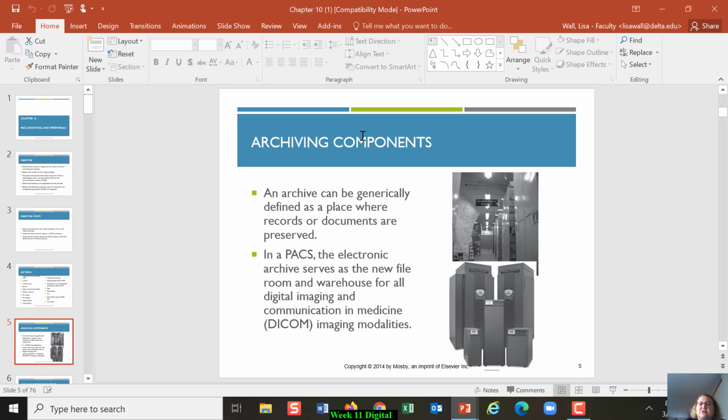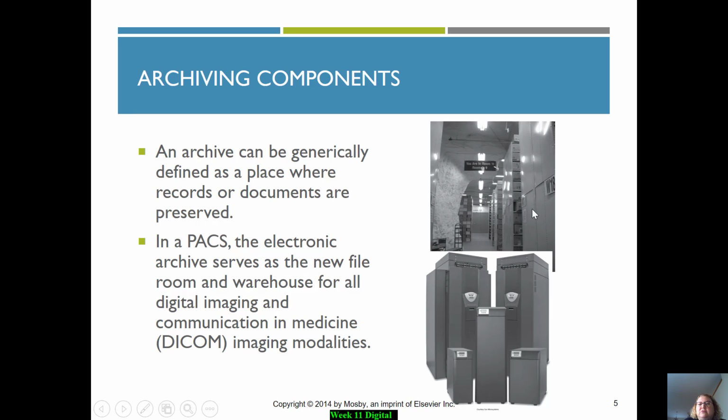Those film jackets would get stored in a room that looks like this, and you would have to pull those film jackets every time you had a patient. We had film room attendants that would grab our films and bring the entire jacket to us. And if the radiologist wanted to see old films in addition to the films that we took that day, we would put those all up on their view boxes.